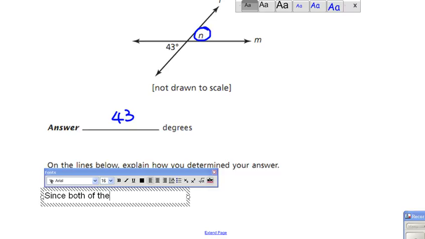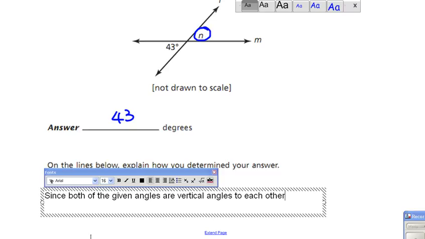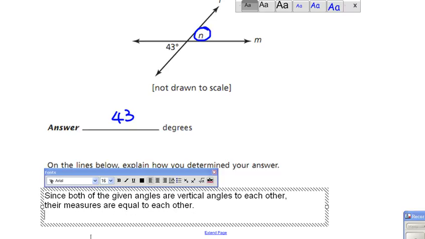Since both of the given angles are vertical angles to each other, their measures are equal to each other. Alright, that's it.